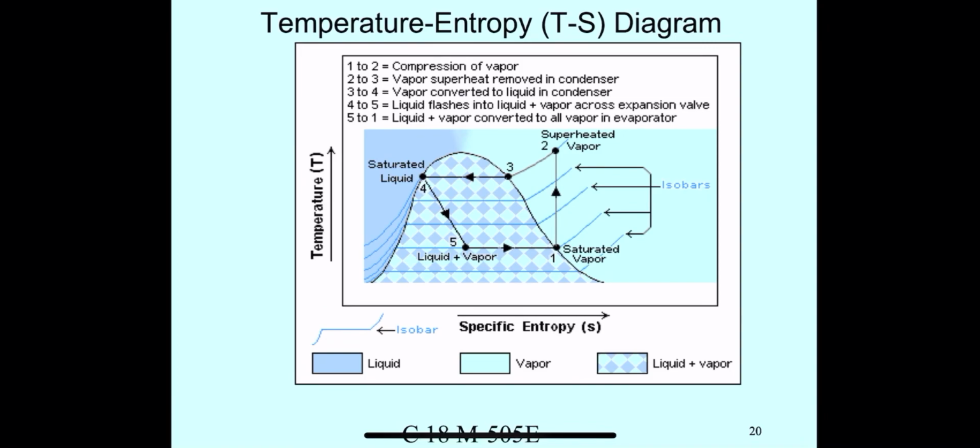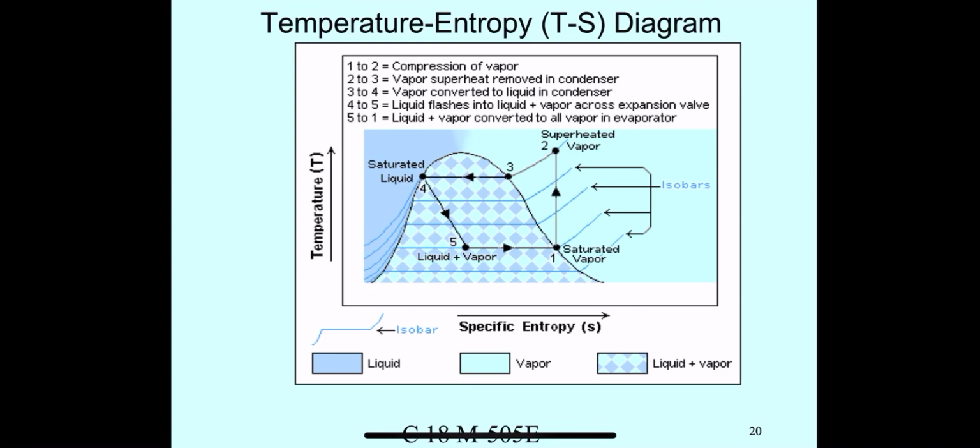In the compression process it is already in vapor form. The light blue color is the vapor, the liquid is in dark blue, and the combination of liquid and vapor is in the combination region. Here, the compression is in the vapor form, so it is in the light blue.